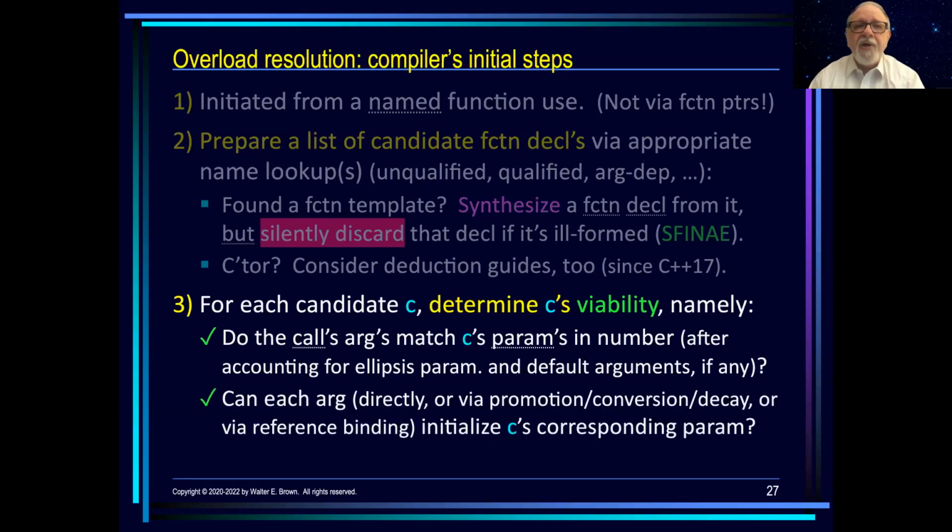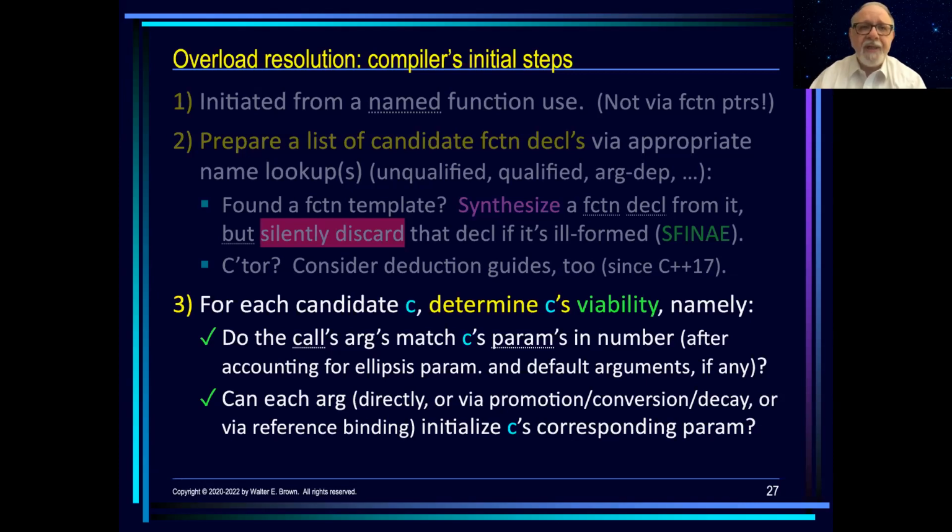Second, we need to consider whether each argument can initialize the corresponding parameter. Now, that initialization could happen directly, or some kind of conversion, a promotion or a decay, or maybe there's a reference binding involved. But is it possible for the argument to initialize the corresponding parameter? If the answer is no, then this is not a viable candidate, and it's discarded.